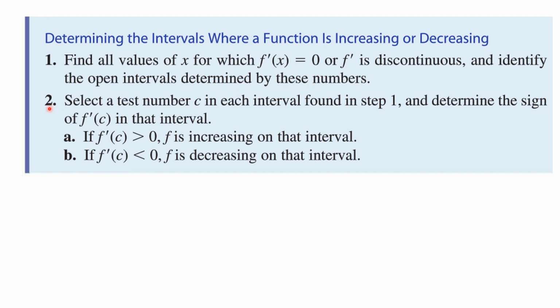And then we select a test number in each of those intervals that were found in step 1 and determine by evaluating the first derivative at a point in that interval if it is increasing or decreasing. If f prime at c is bigger than 0, it is increasing. If it is less than 0, it is decreasing.